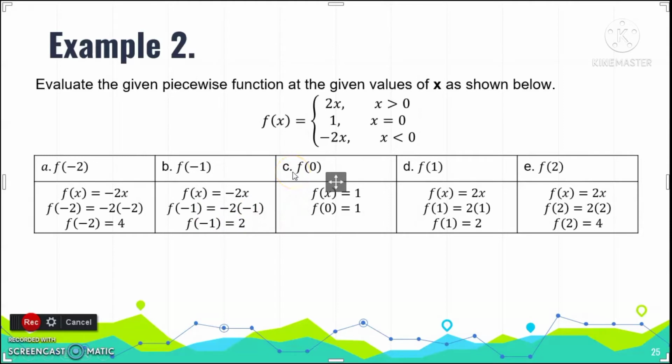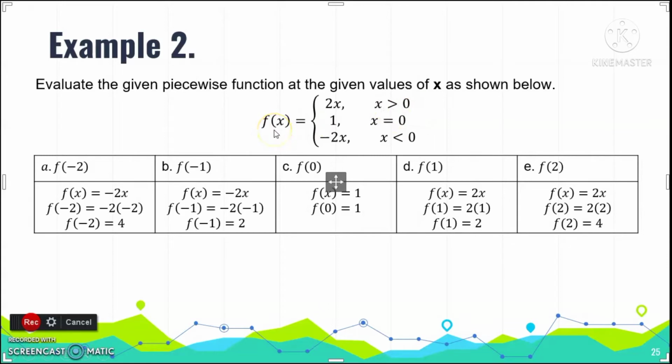Next, letter C, f of 0 belongs to x is equal to 0, therefore we're going to use the constant function f of x is equal to 1. f of 0 is equal to 1. Letter D, f of 1 belongs to x is greater than 0.